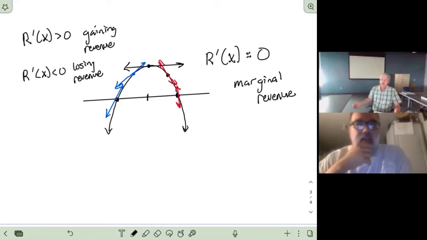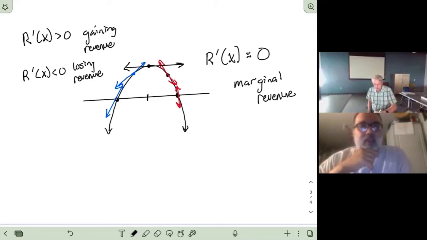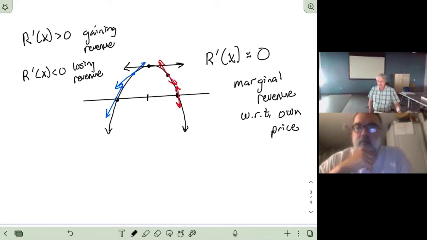As things get more complicated, there are more complicated ideas of how it would change. But this is the marginal revenue with respect to own price, because I'm sure your students are aware that prices of a competitor's cell phone might affect how much you can sell.